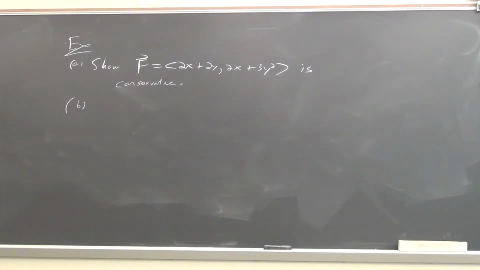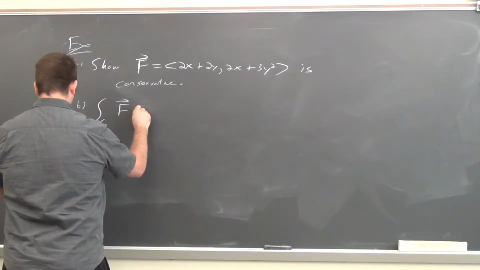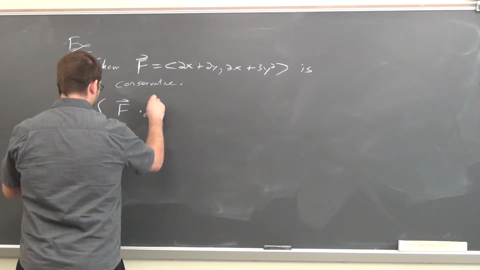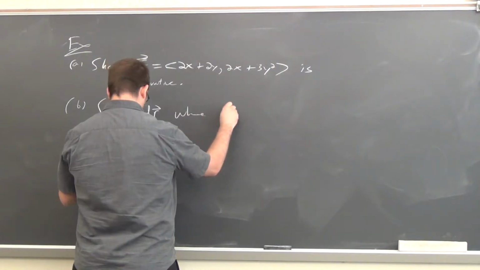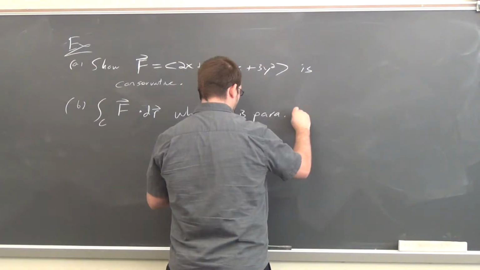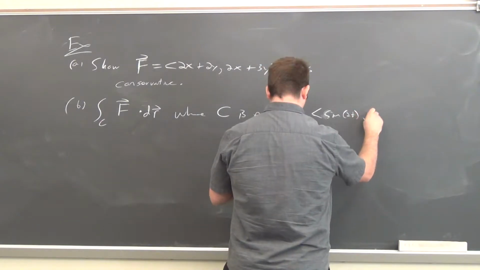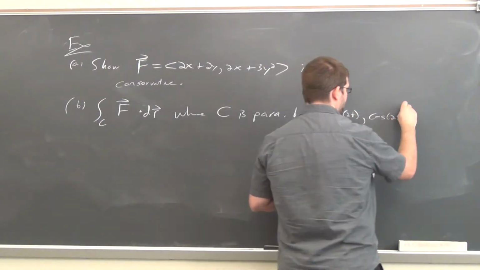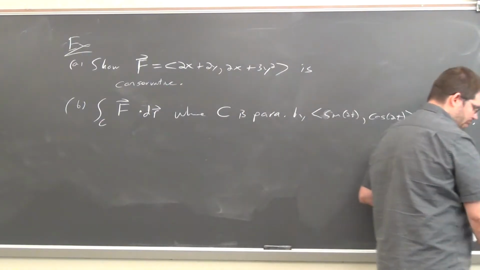For now, let's just do it by finding a potential function, like we did last time, and then evaluate the integral of F dot dr, where C is parameterized by sine of 2t, cosine of 2t, and t ranges between 0 and so on.